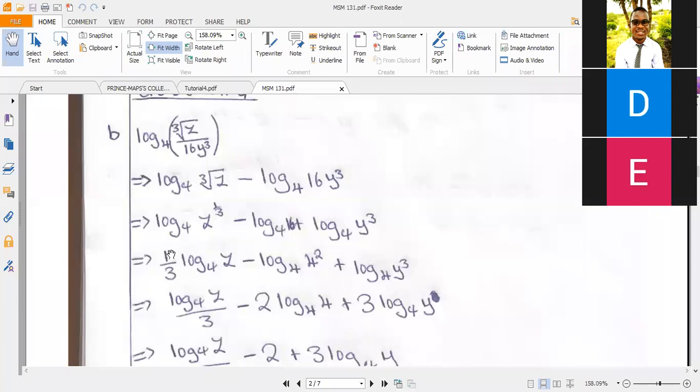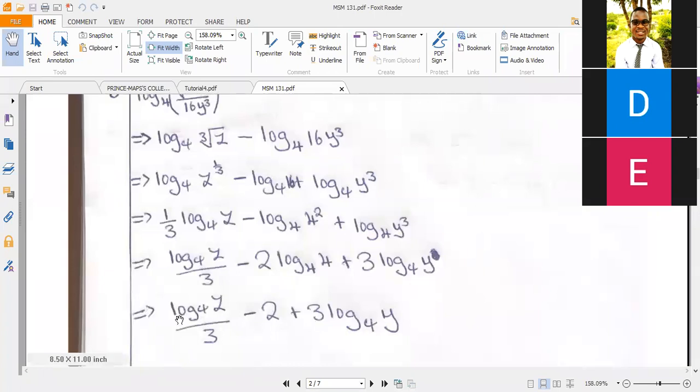So you realize that you drop the power on log 4 z to the 1 over 3, and say 1 over 3 log 4 z, minus log 4 of 4 squared, because 16 is the same as 4 times 4, which is 4 squared, plus log 4 y to the 3. So at this point, you have 1 over 3 log 4 z minus 2 log 4 4, plus you drop the 3 that was with the y to the 3 and say 3 log 4 y.